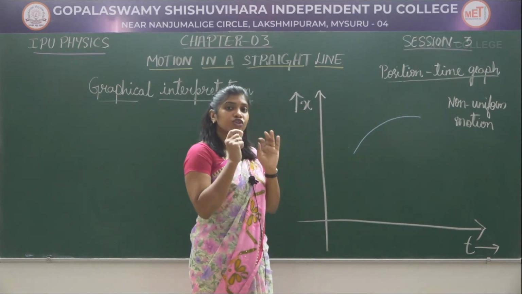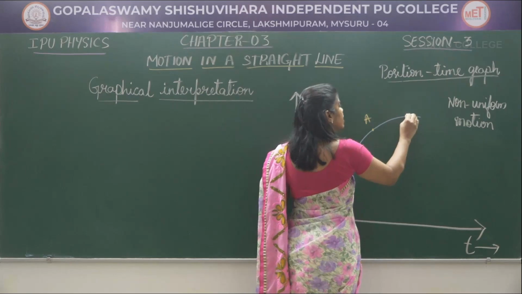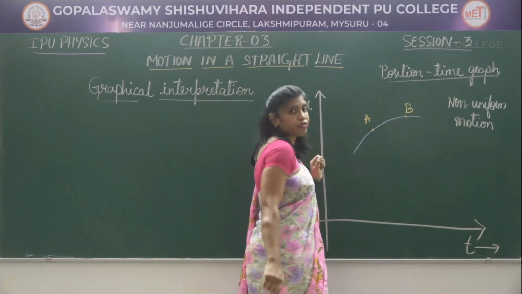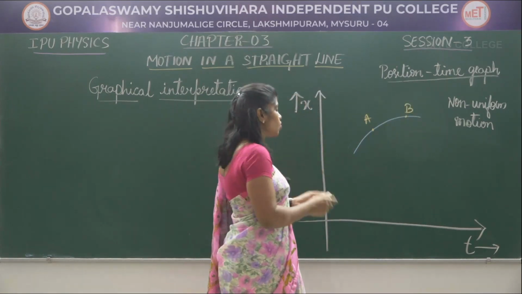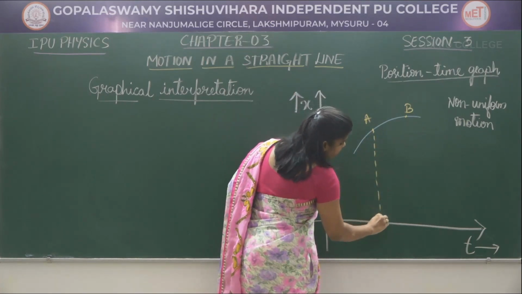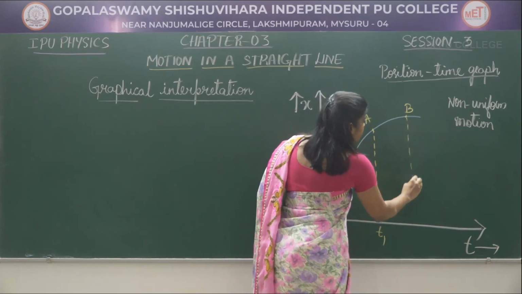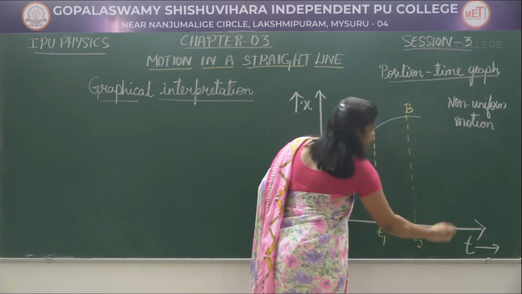Now, let me consider 2 points here. First point A and this one is B. I am going to join these 2 points. If I draw a corresponding vertical line, this is T1 and this becomes T2.